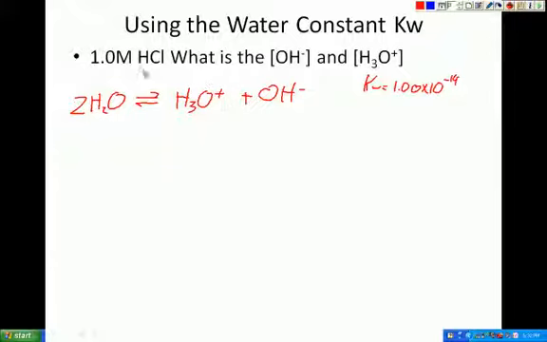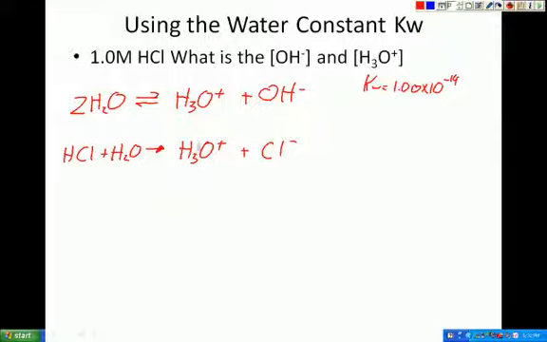Now, if we created a solution that was 1.0 molar hydrochloric acid, what would the concentration of OH- be? So in other words, we're adding HCl and H2O, and since this is a strong acid, it's going to 100% ionize and become H3O+ and Cl-.